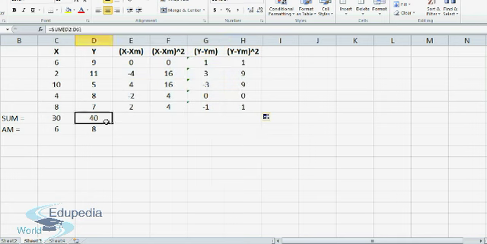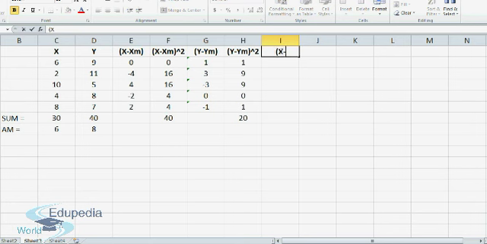Now next I need the sums of all of these. I need the sum of both the squares, and that's here. And you see that the sum from the actual mean of x and y is 0, and that will always be the case. Next I need the product of xi minus x bar and yi minus y bar.